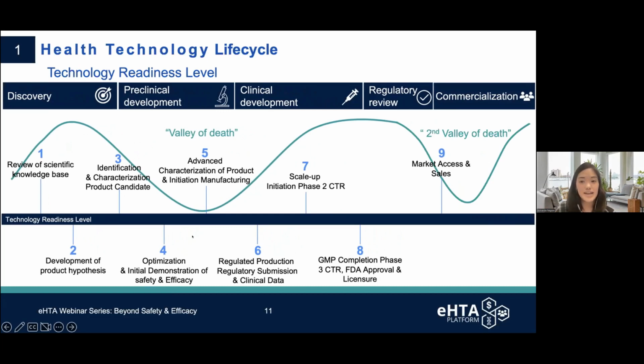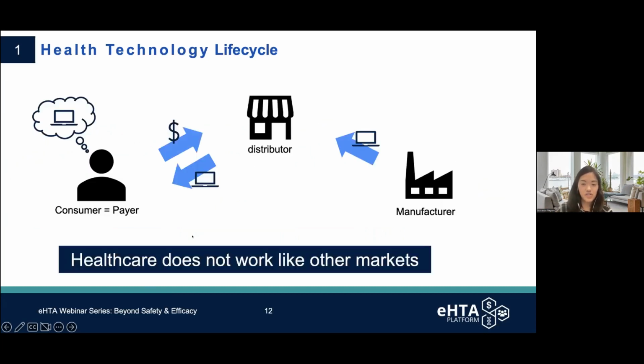And why is that? Well, for one, healthcare does not work like other markets. For example, let's say you need a laptop to run your experiments. Getting a laptop, the transaction is pretty straightforward. You go to the store, see the price of all the products, and decide to buy one based on your values, how much money you have, and how much you are willing to spend on the laptop.